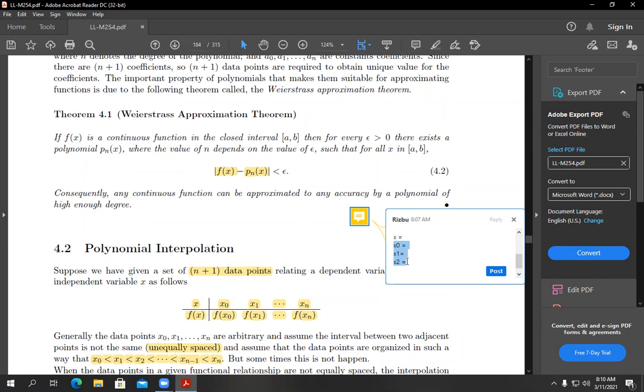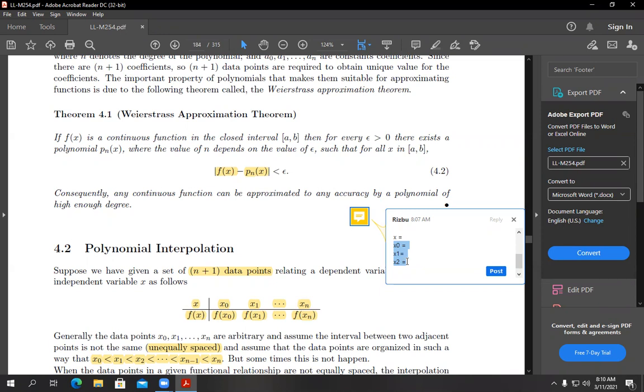This one is a very, very simple chapter. Number 1, you are given data, and in the data, you are given many points. So what is your first job? Your job is to check which degree the teacher asks you to use: degree 1, degree 2, degree 3. If we say degree 2, you have to select 3 points, x0, x1, and x2.